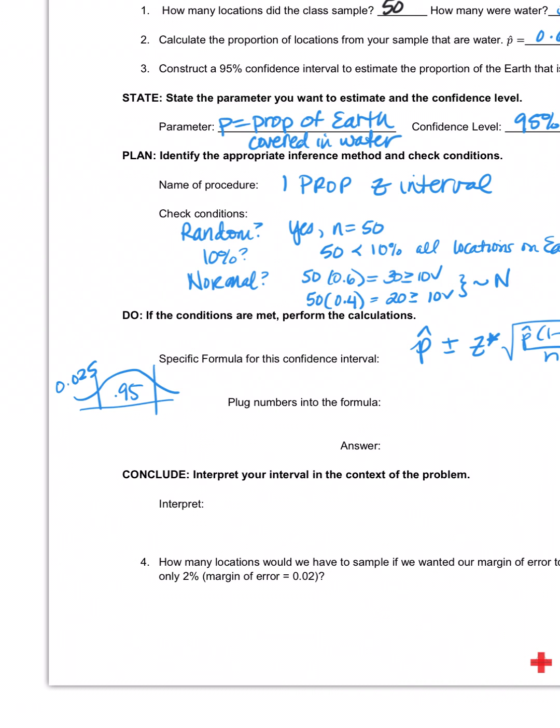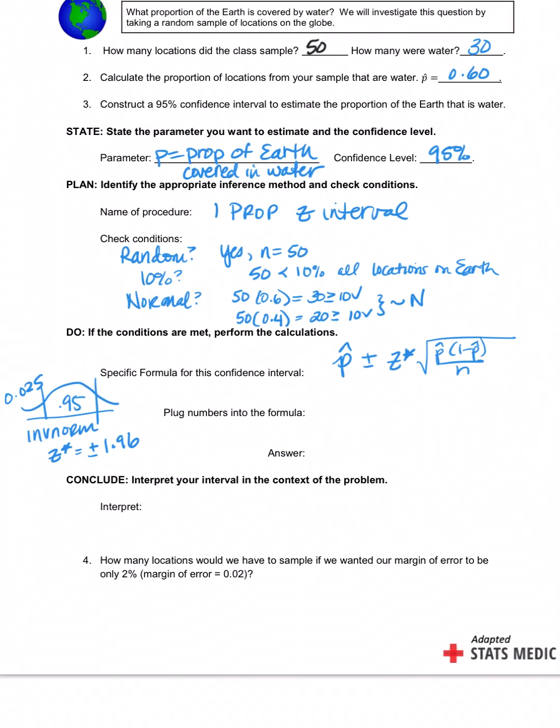Don't put 2.5. It'll give you an error. But 0.025. And then remember, you go to inverse norm. When you do that, it's going to give you negative 1.96. But remember, we use positive and negative because one is positive, one is negative. So there's your Z star. This is one of the most commonly used ones, and you may very well memorize it before you're done with the chapter, okay, because you see it so much.